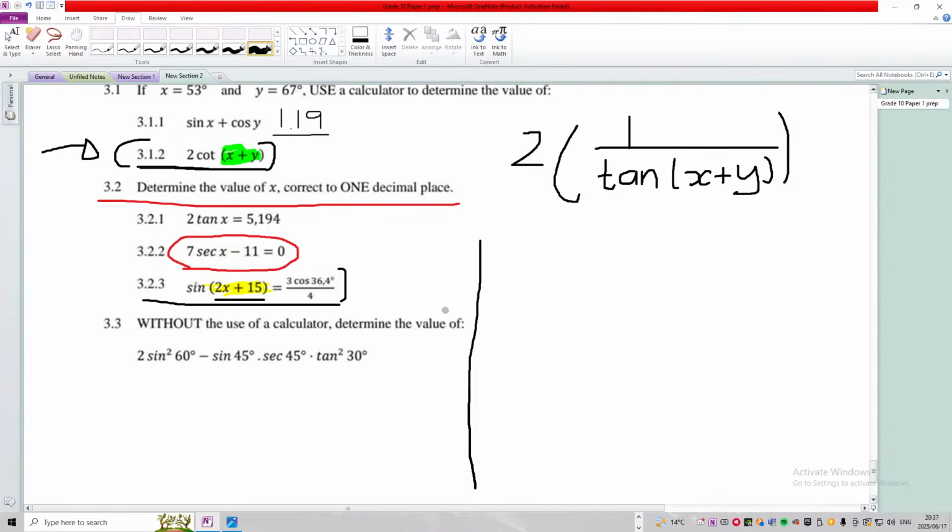Let me just go back. 11 divided by 7, 1 over cos, 7 over 11. Yeah, there's no mistake. I don't know what you're saying, but I'm sure it aligns somewhere along with what I'm saying.